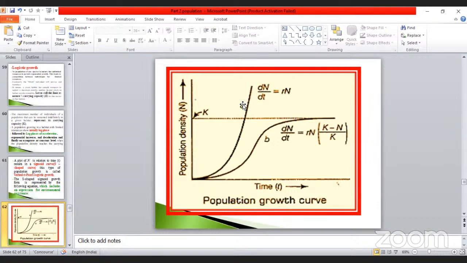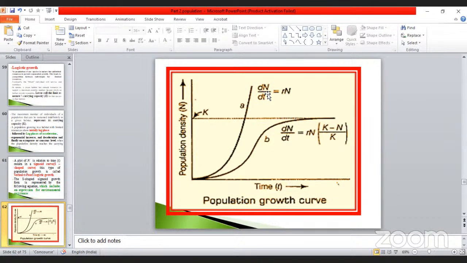The A curve, the J-shaped curve, you will get dN divided by dt. The N is already on our board. dt is time. That is also equal to rN. This is the formula for the J curve. Sometimes they may ask the question: dN divided by dt is equal to rN. That is the formula for the J-shaped curve.